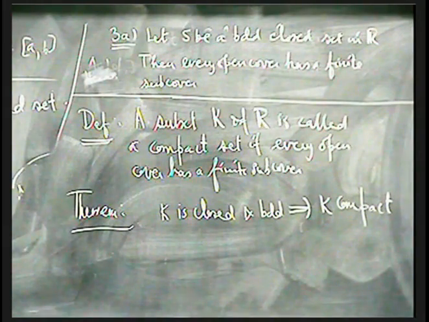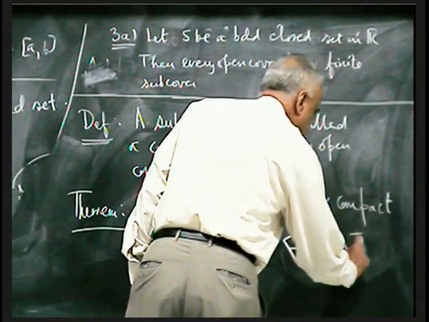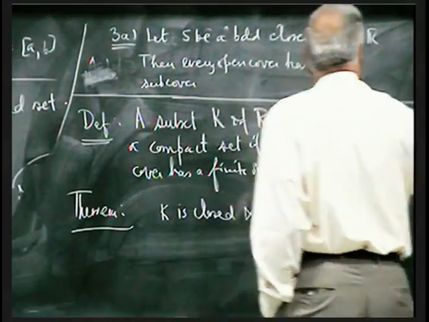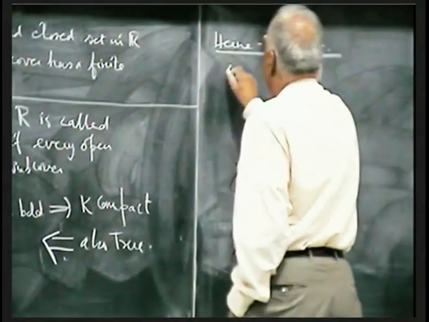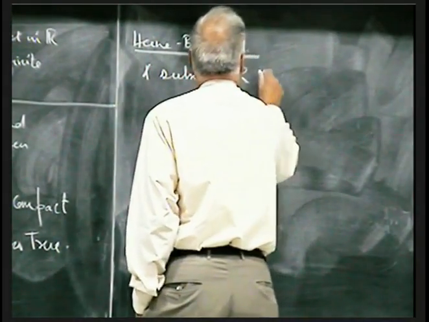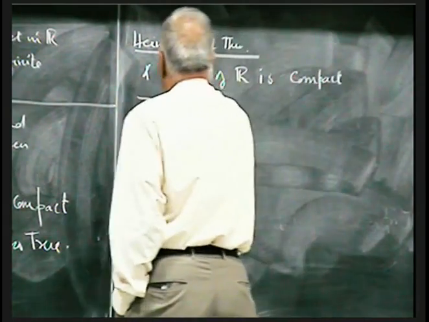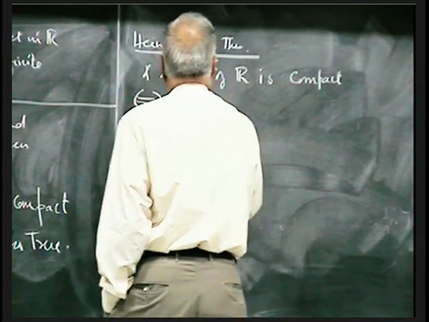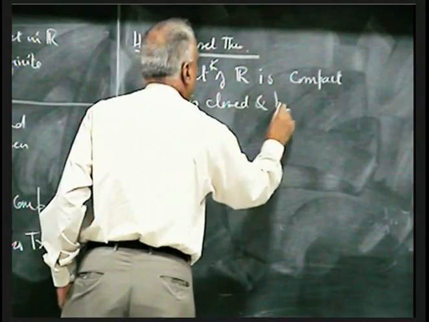It's not very difficult to prove, so I leave the proof as a simple exercise. So that's the Heine Borel theorem. I will call it the Heine Borel theorem. That is, a subset K of R is compact if and only if it is closed and bounded.